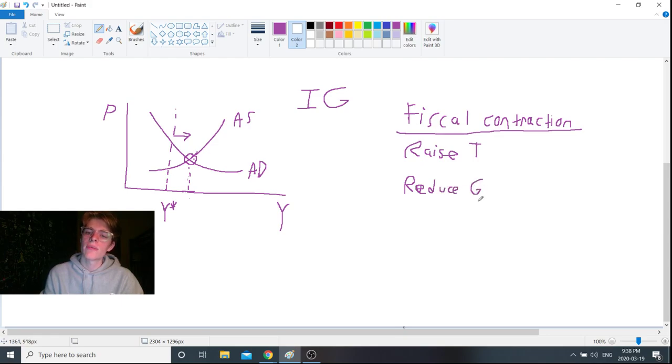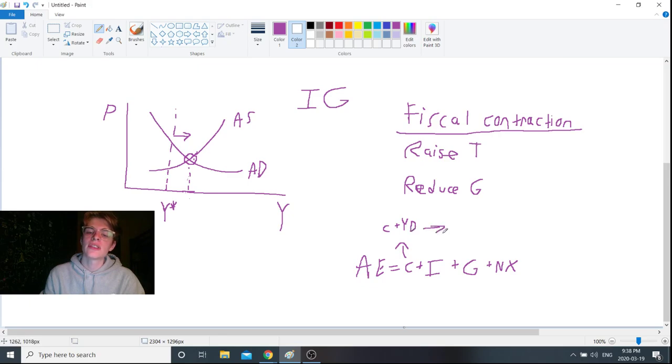Both of those, just in our formula, AE equals C plus I plus G plus NX. Now remember, our C is built up of two things. It's built up of our autonomous consumption, our little c that we do no matter what, plus our YD, our disposable income.